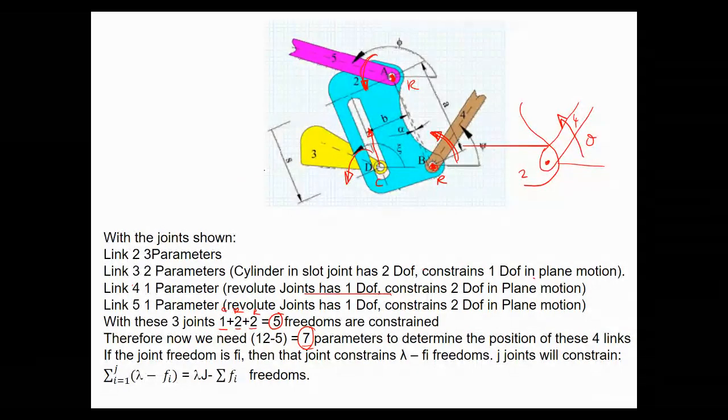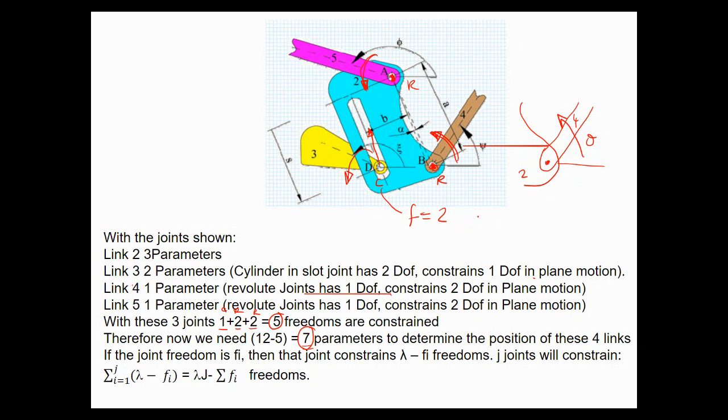For example, this joint, which is a cylindrical joint, has F equal to 2 here.